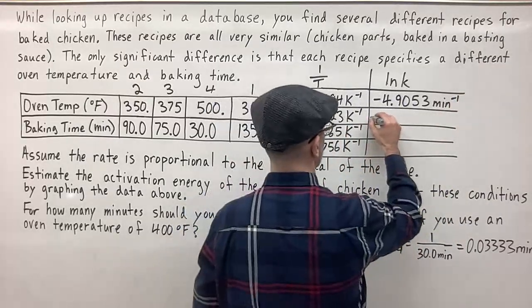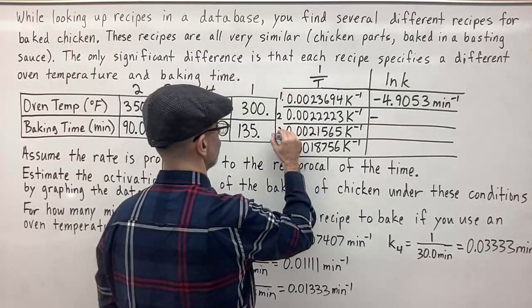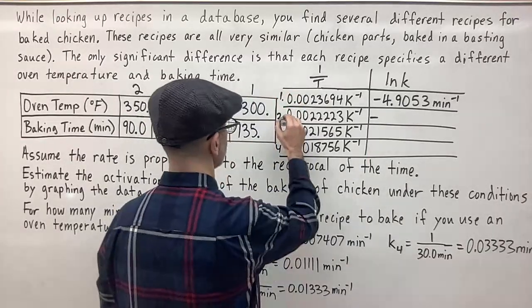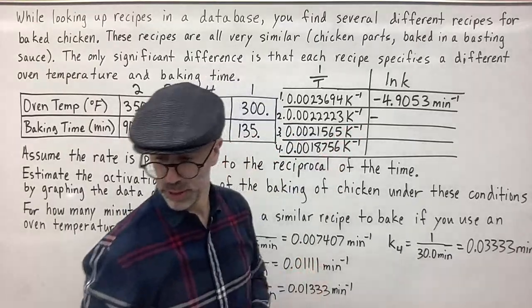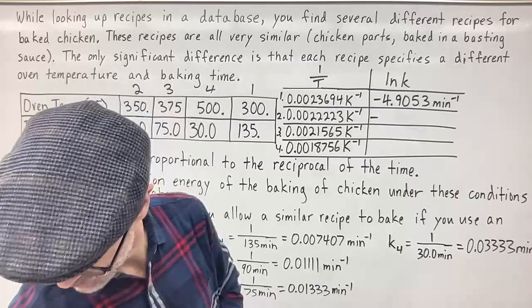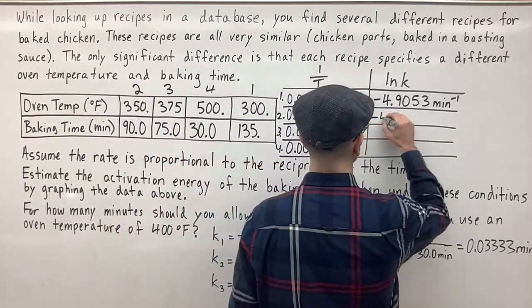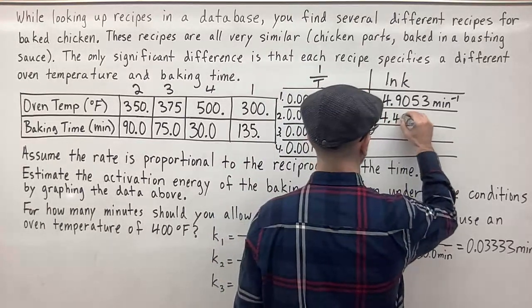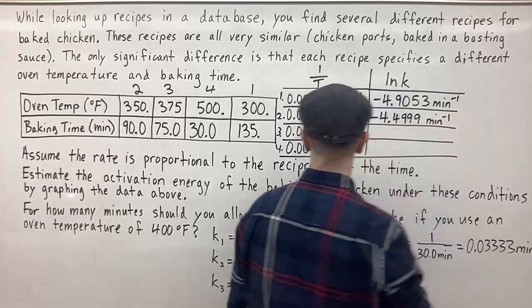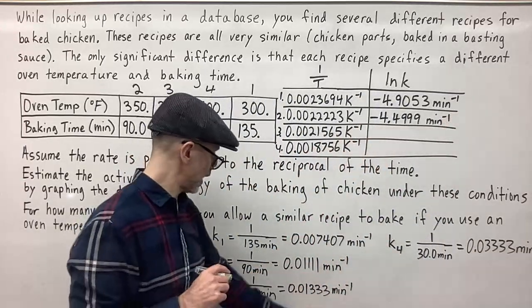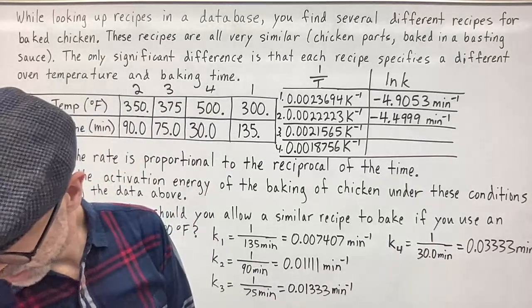And then for point number 2, so this is 1, 2, 3, 4, I got negative 4.4999 per minute.